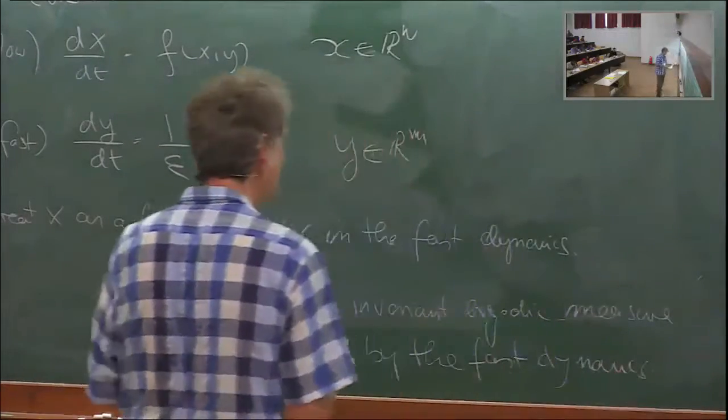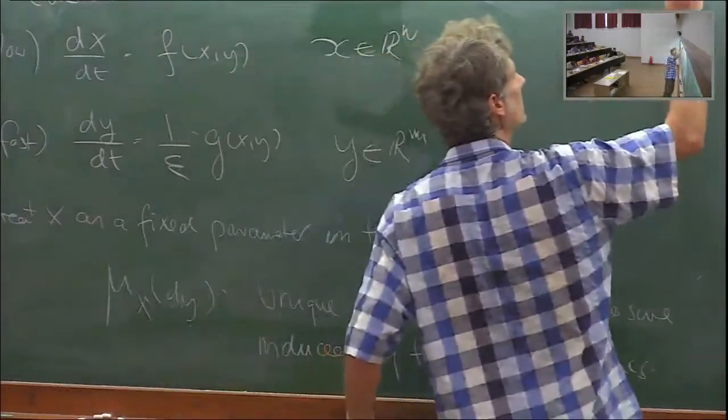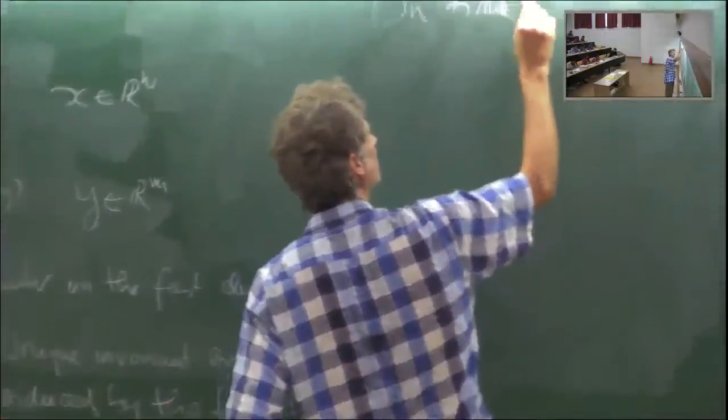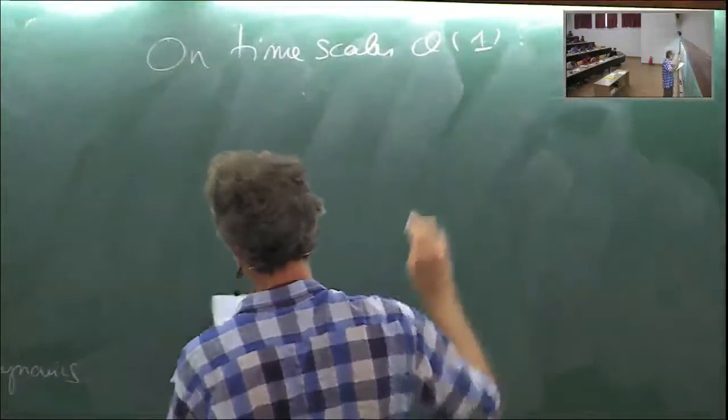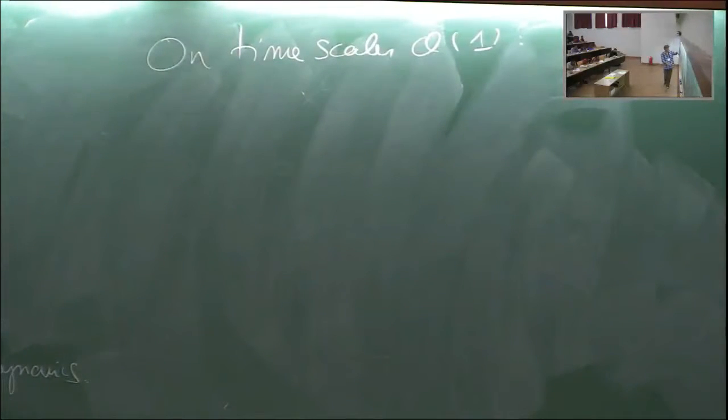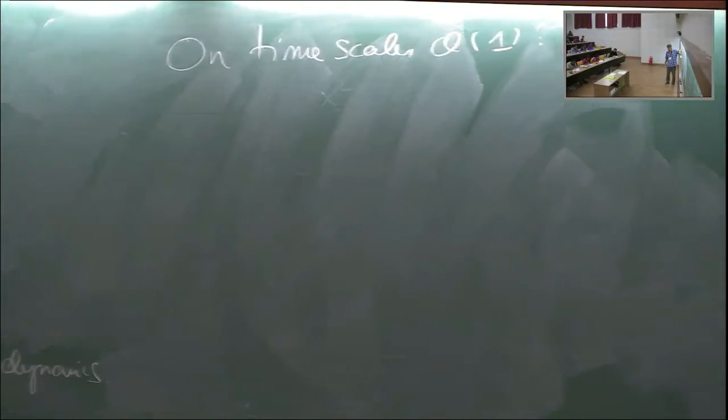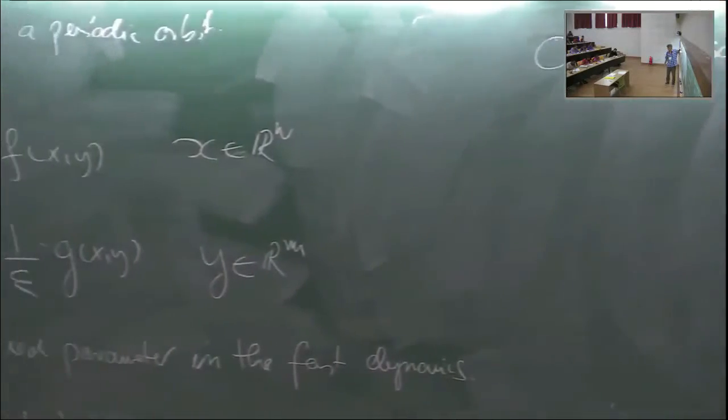Okay. Then what you can prove is that on timescales of order 1, you can now average the slow equation over the measure induced by the fast dynamics.